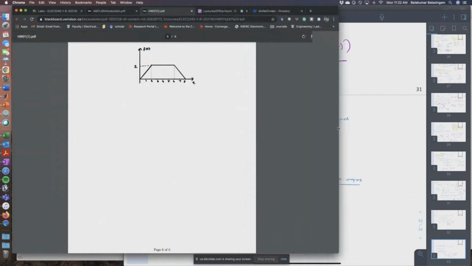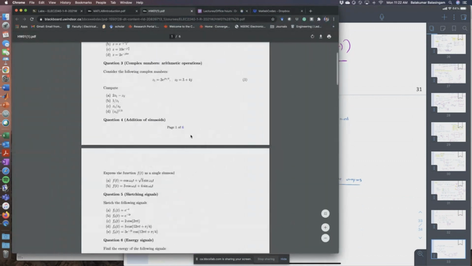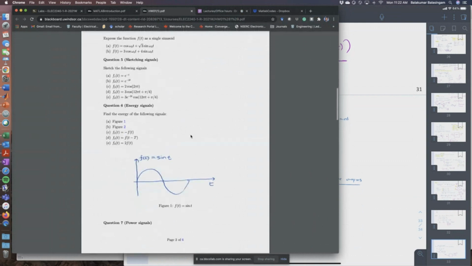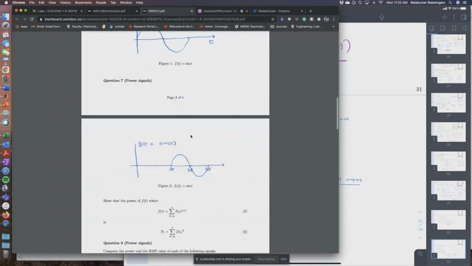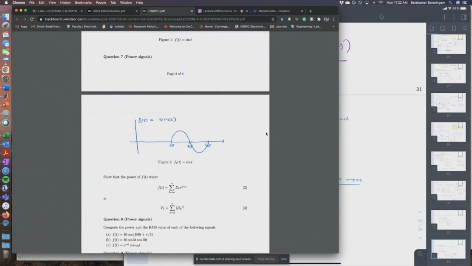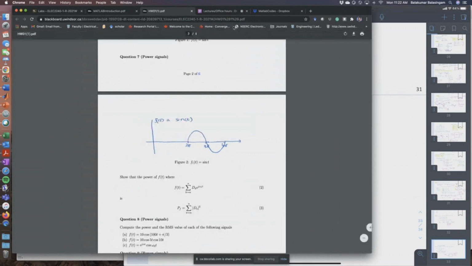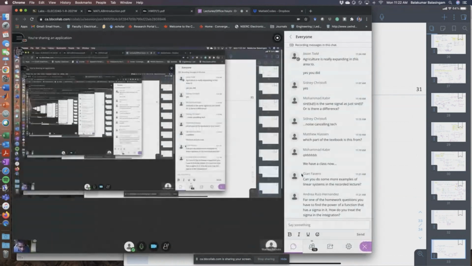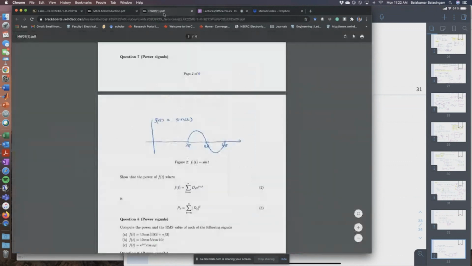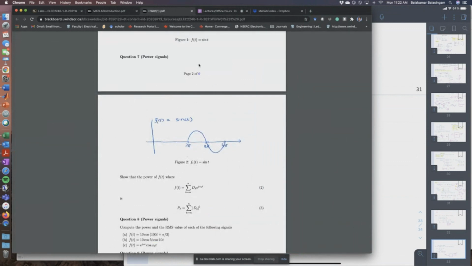Homework 1, question 7. The power of the signals. You have to find the power of a function that has a sigma in it. How do you treat the sigma in the integration?